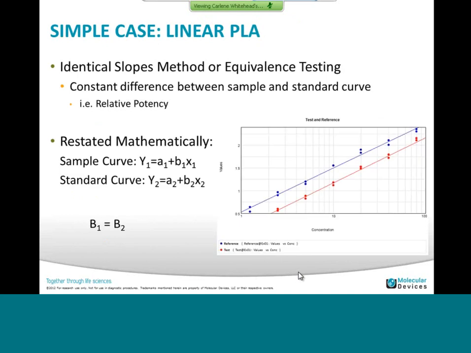Here we will have a constant between the sample and the standard curve, and this is going to be the relative potency. Mathematically, the slope of the reference curve and the slope of the test curve should be equal.